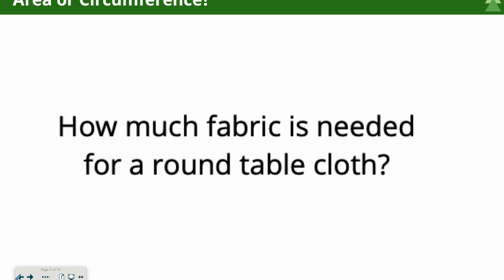And thinking about, well, how do I know when I need circumference and when do I need area? So how much fabric is needed for a round tablecloth? Well, a tablecloth goes on the table. It covers the table. So that would be finding the area.